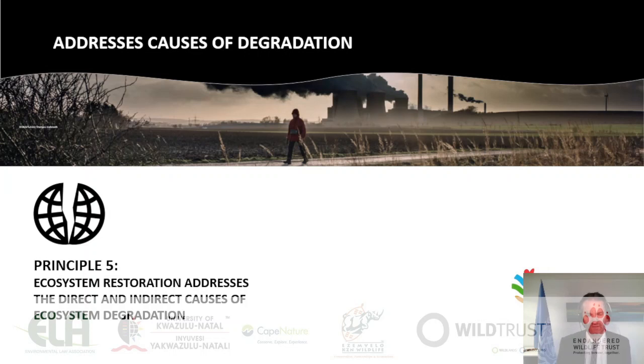If we don't address the drivers of degradation, planting trees can be a very short-lived and expensive failure, and we have seen this in some cases. Luckily, we know enough to do it right if we follow these principles, and including this one, addressing the underlying causes of degradation.